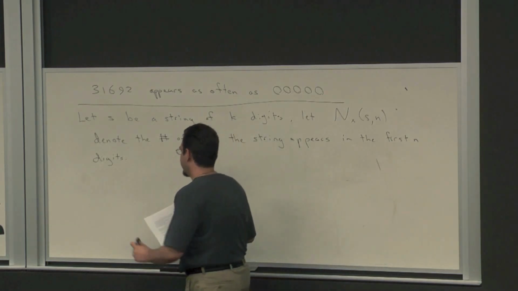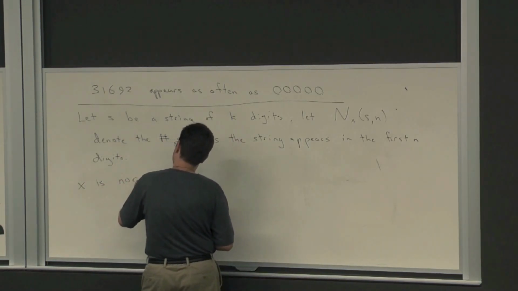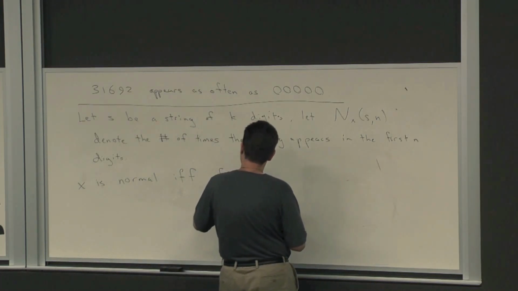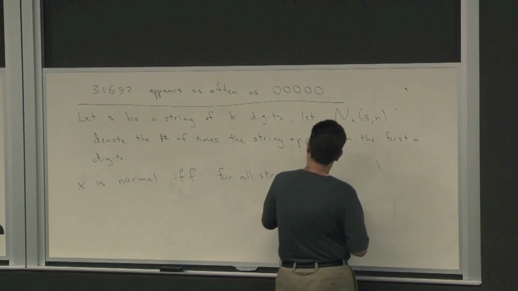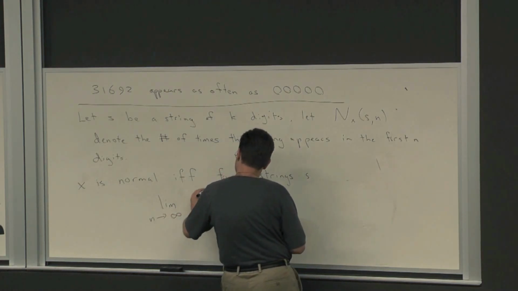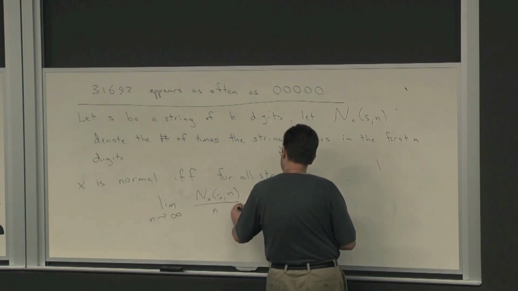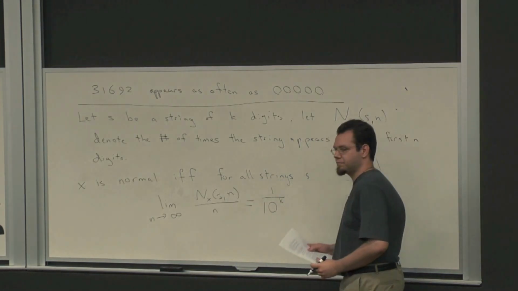Then x is normal if and only if for all strings S, we have that the limit as n goes to infinity of this weird counting thing over n is equal to 1 over 10 to the k.